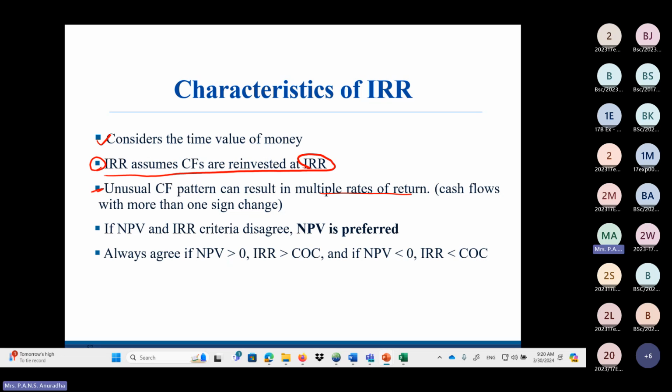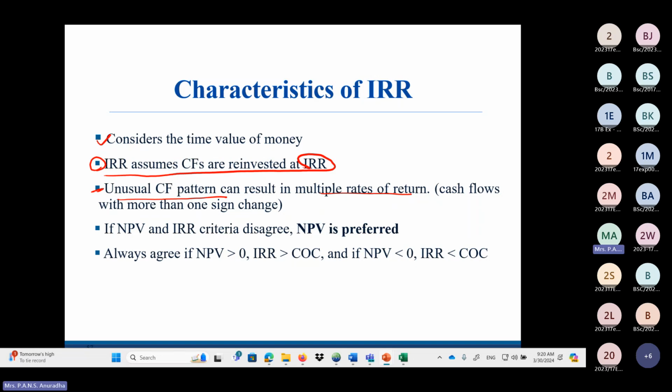So we call it a multiple IRR issue. It can be seen when an unusual cash flow pattern is there, that means when the project is not conventional. In unconventional type projects, you can see this multiple IRR problem.